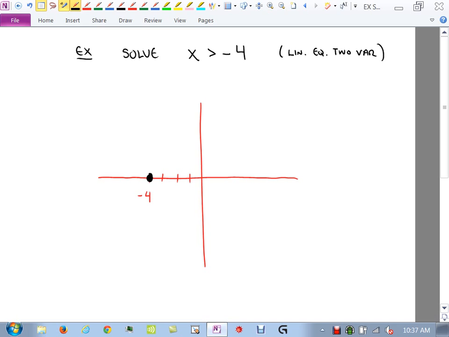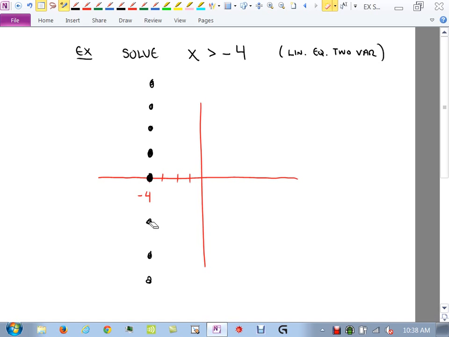Do you agree if I go straight up that that point has an x value of -4? That any point straight up and down, any of those points has an x value of -4? So this can be looked at on the plane as opposed to on the number line.